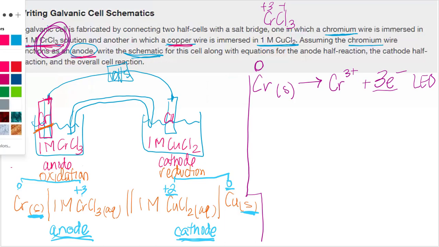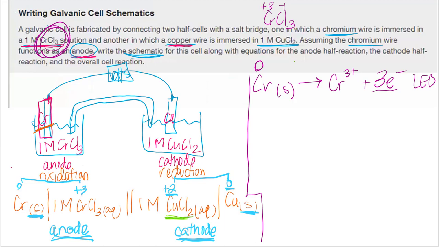Now this next one, let's do our reduction. We've got our copper. Again, how do we know that this is copper 2 plus? Because in CuCl2, reverse crisscross again, this copper is plus 2, chlorine's minus 1. So I've got my Cu2+.